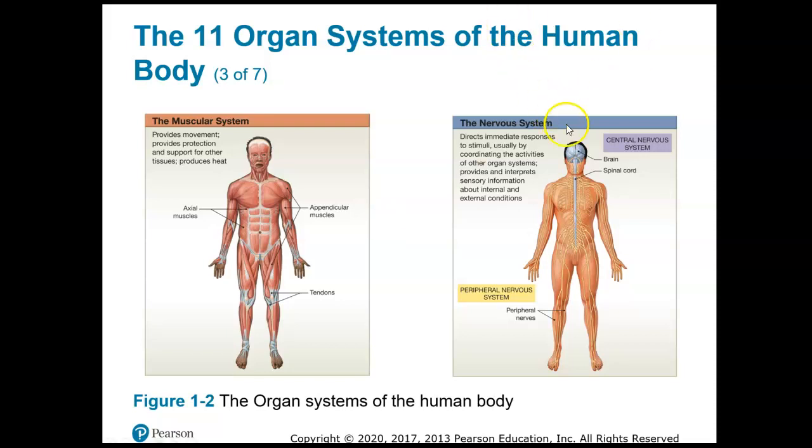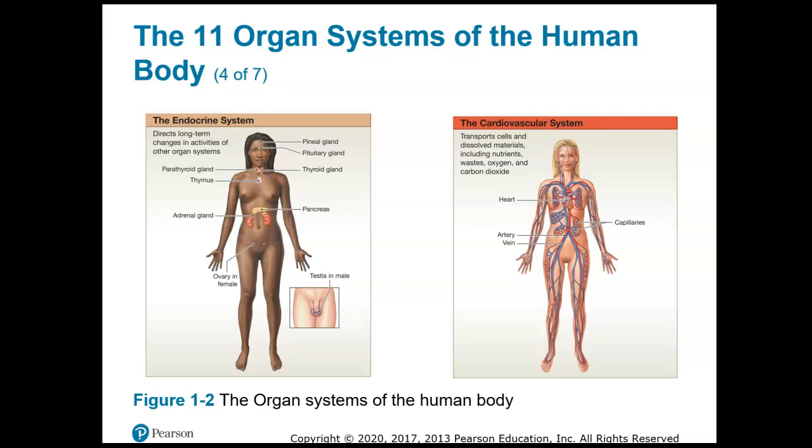The nervous system is composed of the brain, the spinal cord, and then all of the nerves that extend out from the brain and spinal cord. We call those the cranial nerves and the spinal nerves. So that's the nervous system. The endocrine system, in addition to the nervous system, is a control system.